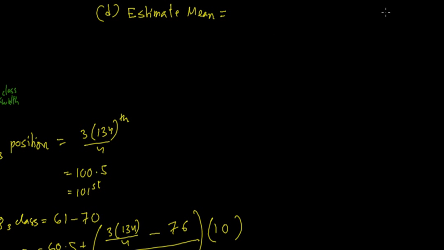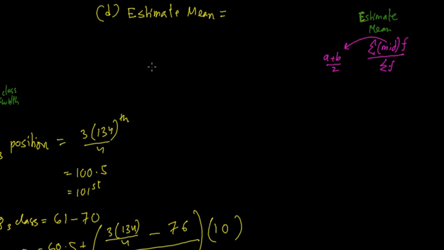The formula is summation of mid into frequency divided by total frequency, meaning total number of data. The mid is calculated by adding the two ends of each class and dividing by 2.